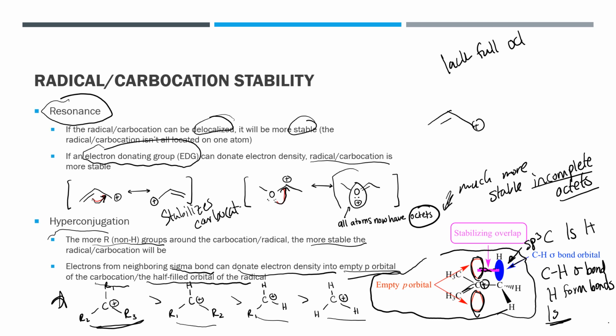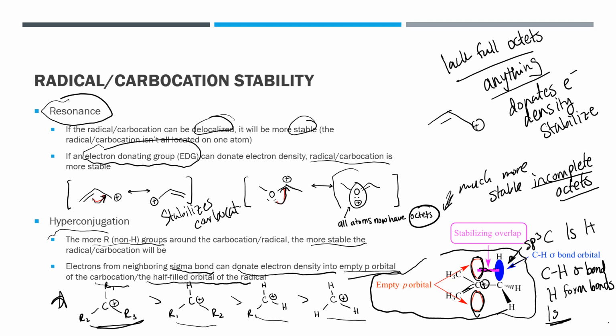So the takeaway is that anything that donates electron density is going to stabilize them, whether it's a pi bond, an electron donating group, sigma bonds, or sp3 orbital overlap. Anything that donates electron density is going to stabilize the radical or carbocation.